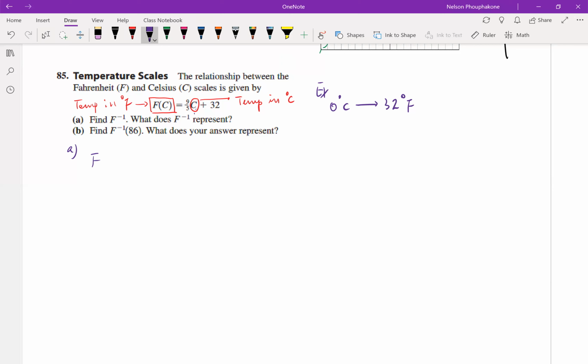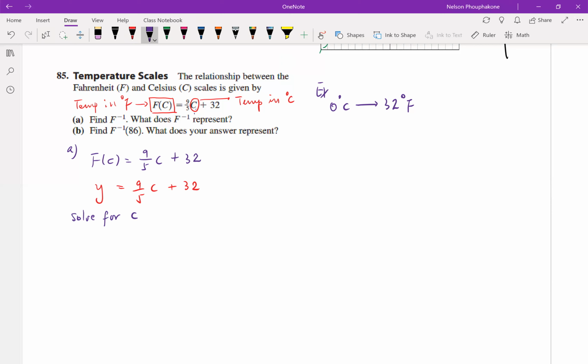I have f of c equal to 9/5 c plus 32. Again, I'm going to go through the three steps. First, we rewrite f of c as y. Then we want to solve for c.